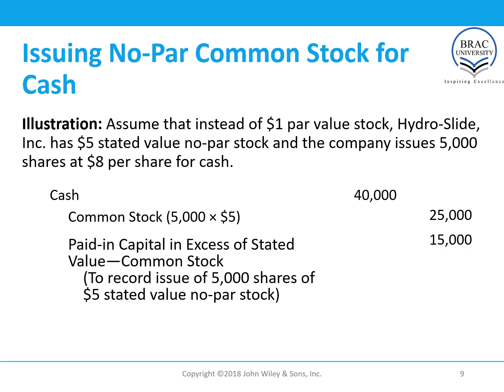So here you can see that we have credited paid-in capital in excess of stated value, common stock, for $15,000, and this comes from 5,000 shares multiplied by the excess of $3 per share. So this is how a no par common stock with a stated value should be treated when the stated value is less than the market price of the share.